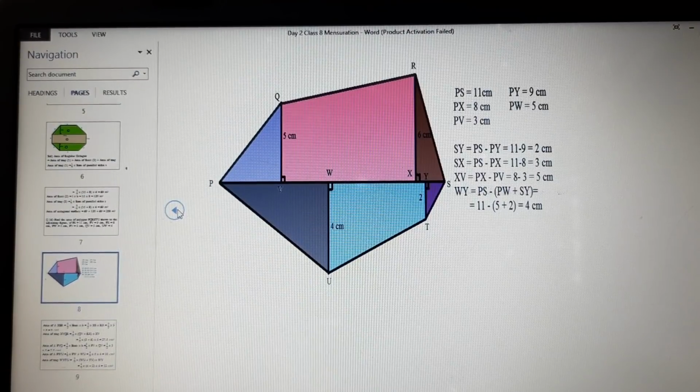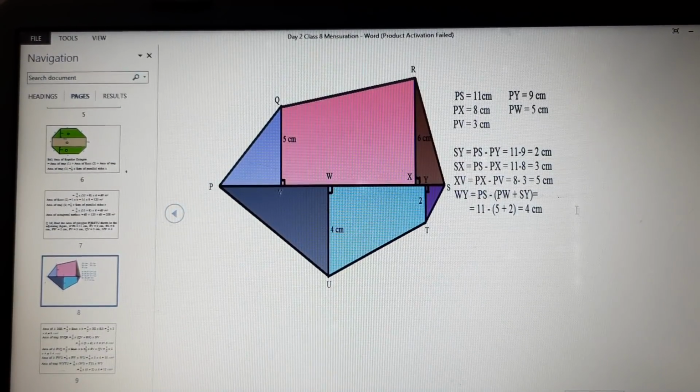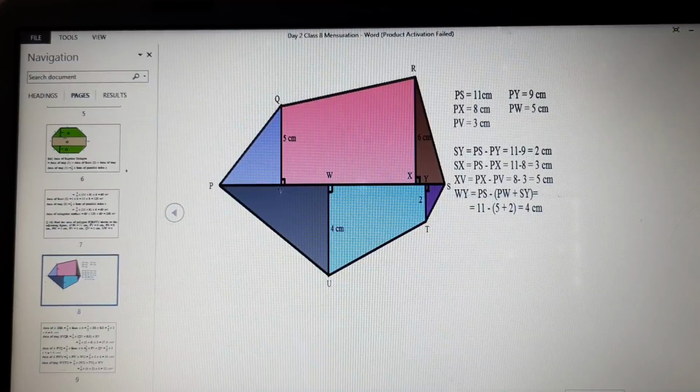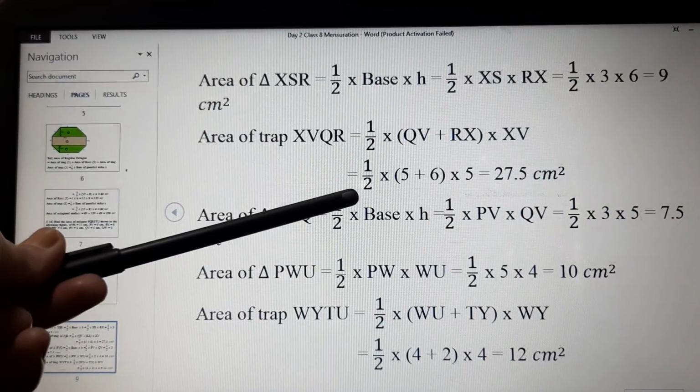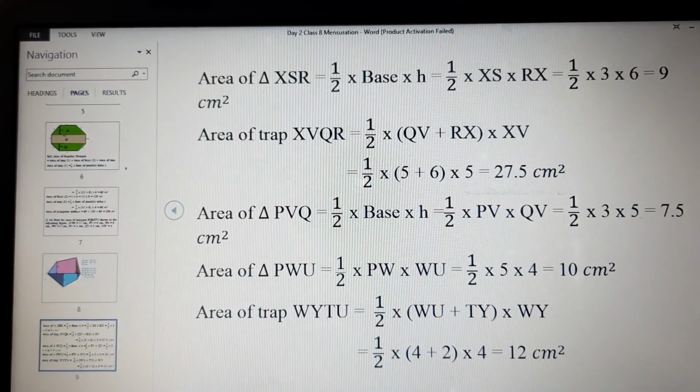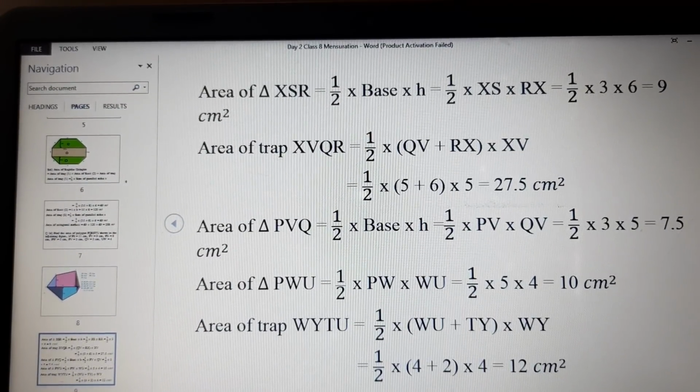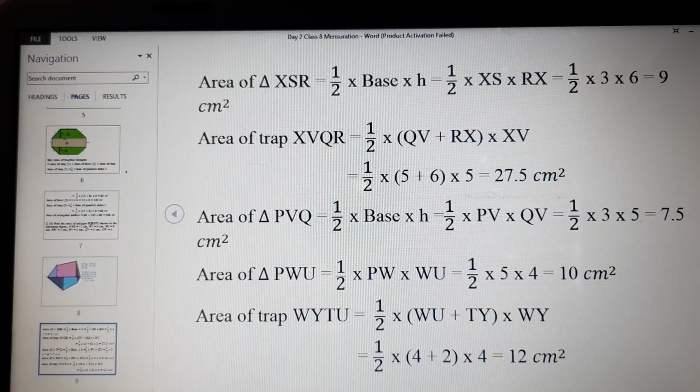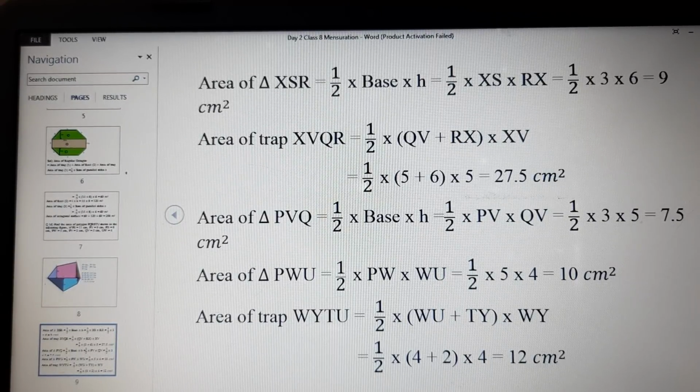We calculated VX as 5. Are you getting it? So it becomes 1 upon 2 into the bracket 5 plus 6 into 5, which becomes 27.5. Then the area of triangle PVQ, 1 upon 2 into base into height. The base was PV and the height QV. Both were given. So 1 upon 2 into 3 into 5 becomes 7.5 centimeter square.